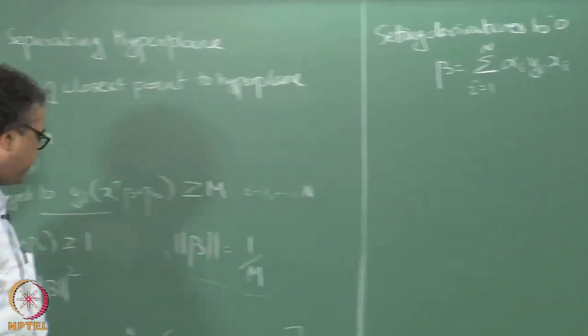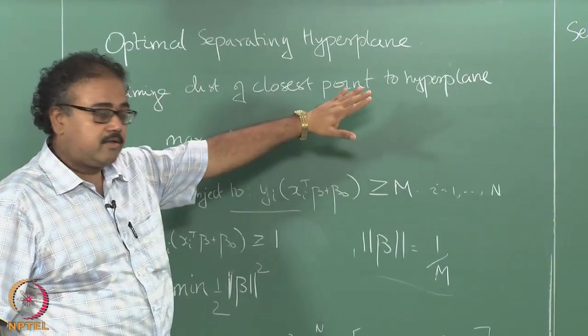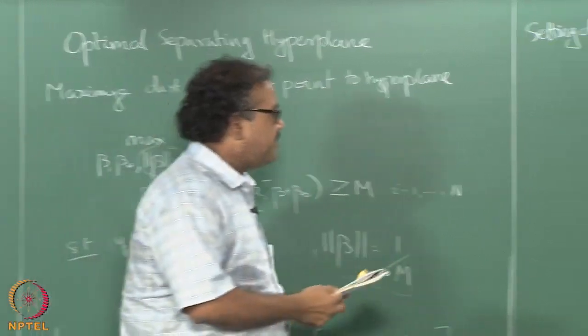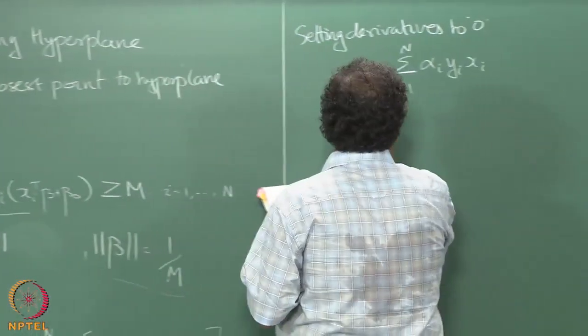The derivative with respect to beta, we can do that and solve it. We will get that, and then the derivative with respect to beta naught.